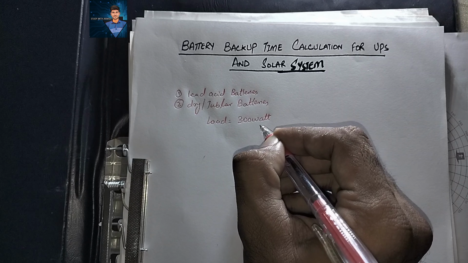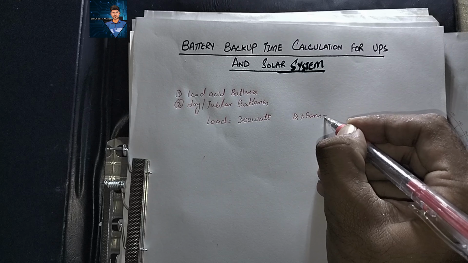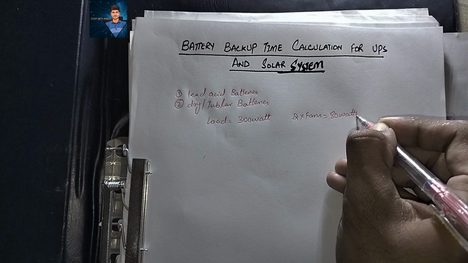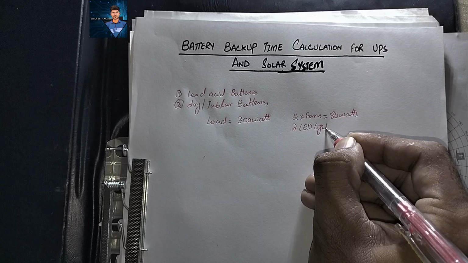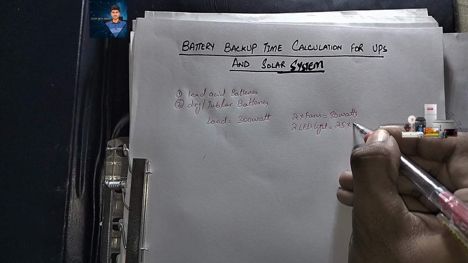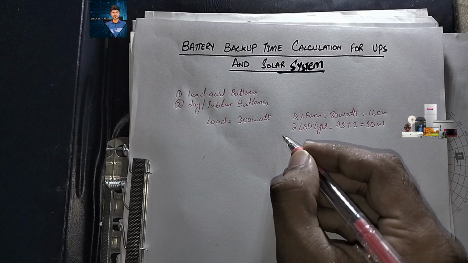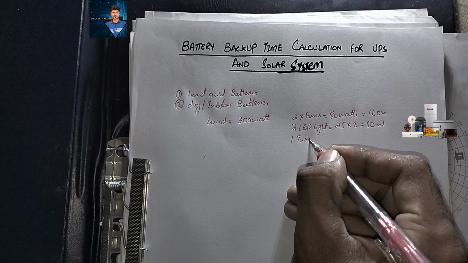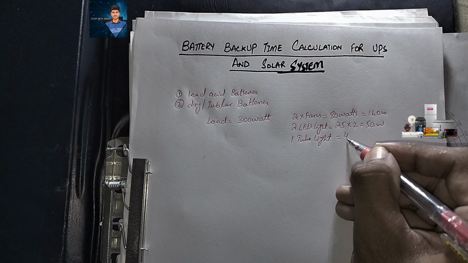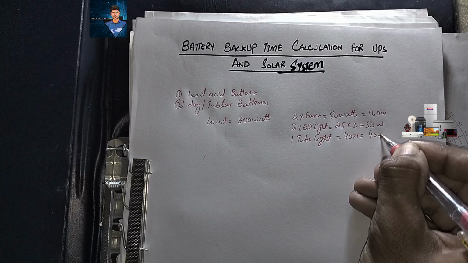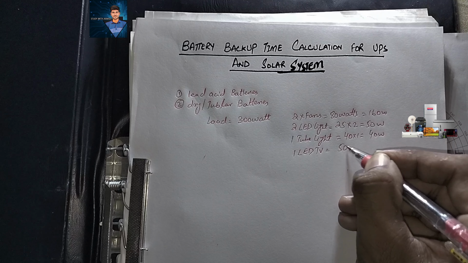So let's consider a 300 watt load, which includes two fans of 80 watts, two LED lights of 25 watts, one tube light of 40 watts, and one LED TV of 50 watts.